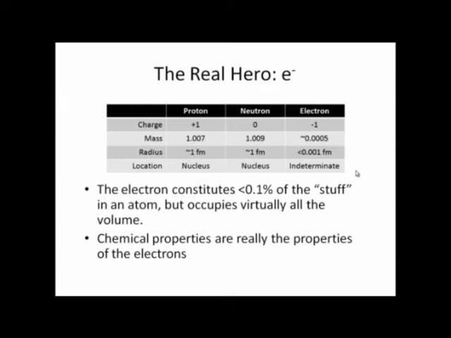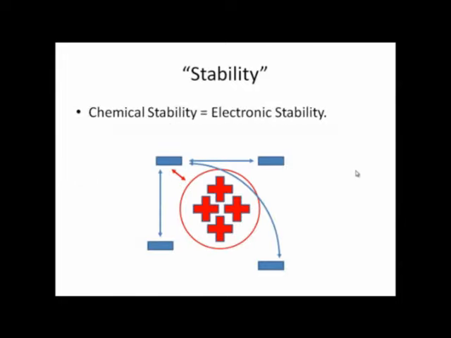The nucleus, particularly the protons in the nucleus, give context to the electrons and define the energy available to the electrons and how they're going to behave. So chemistry is all about how happy are electrons. When we talk in chemistry about stability, what we really mean is chemical stability is really electronic stability. How stable are the electrons?